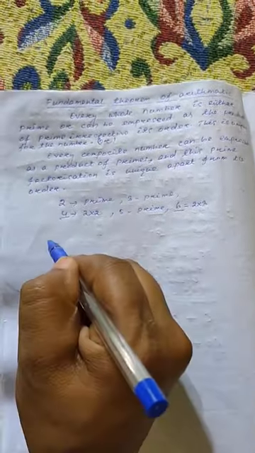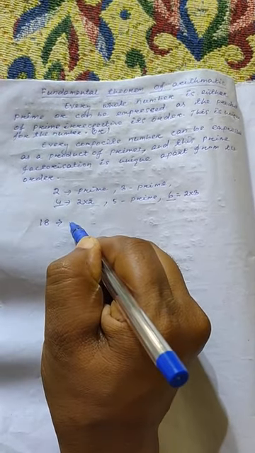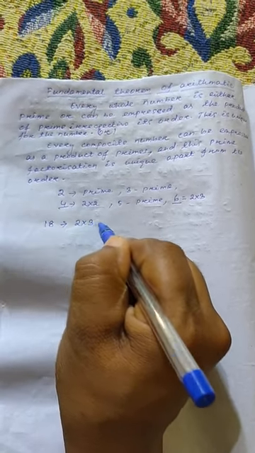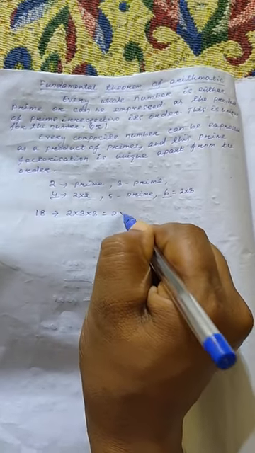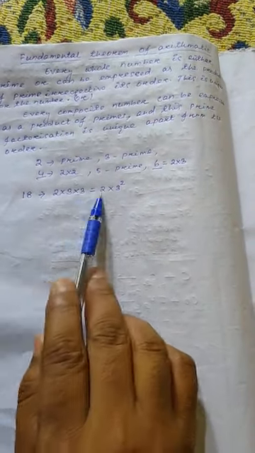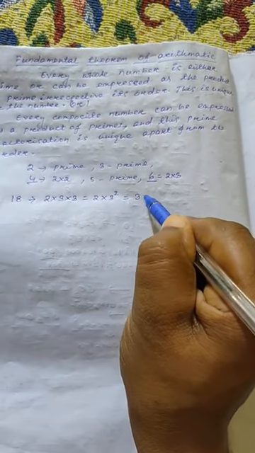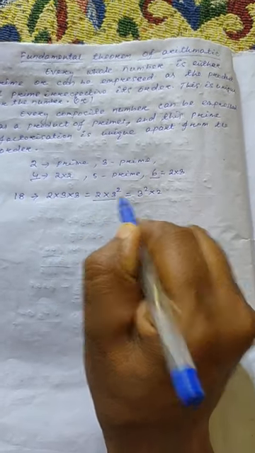Let us see one example. Suppose I wrote here 18. So the prime factorization of 18 is 2 into 3 into 3, or I can write it 2 into 3 to the power 2. And I can write it 3 to the power 2 into 2, irrespective of their order.